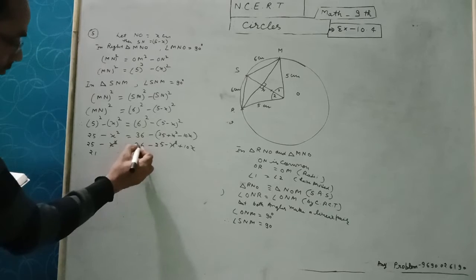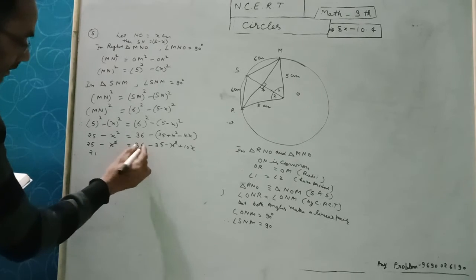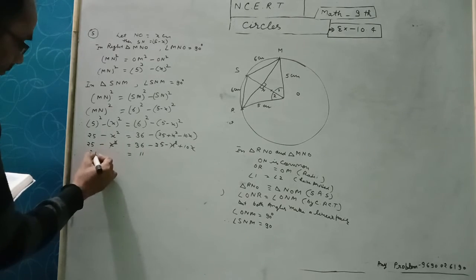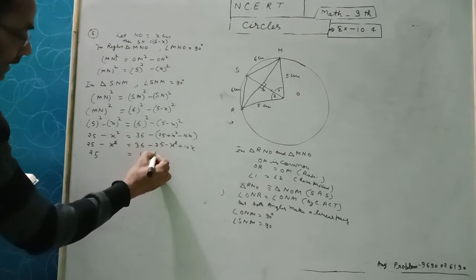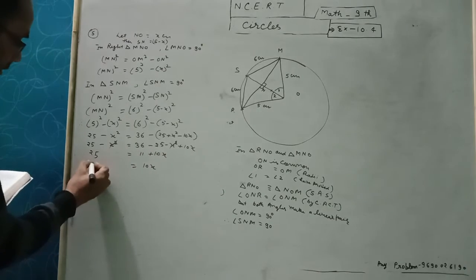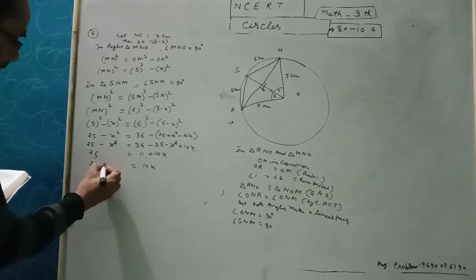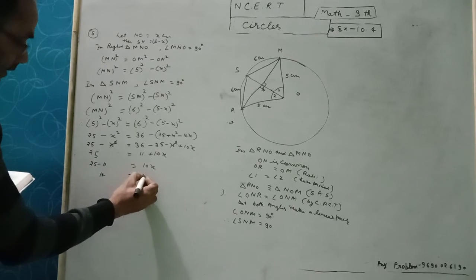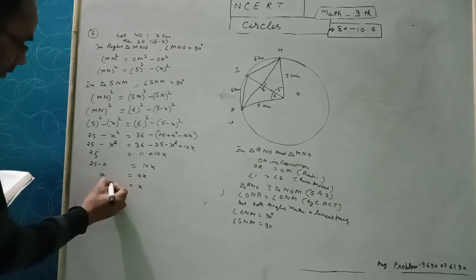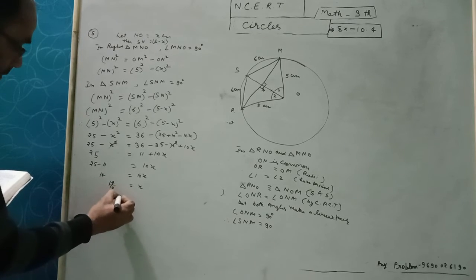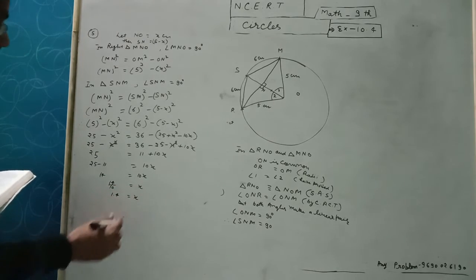So 25 is equal to 36 minus 25 plus 10x, then 10x is equal to 14. x is equal to 14 upon 10, so 1.4 is equal to x.